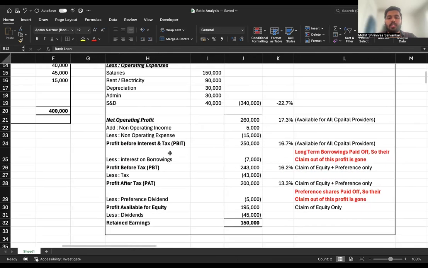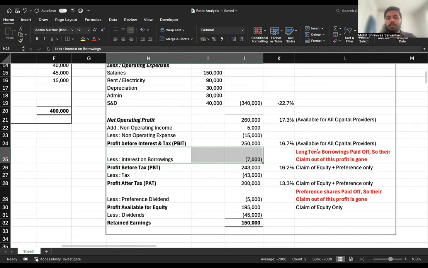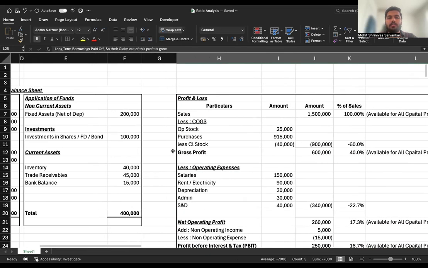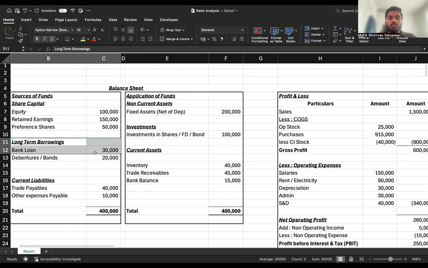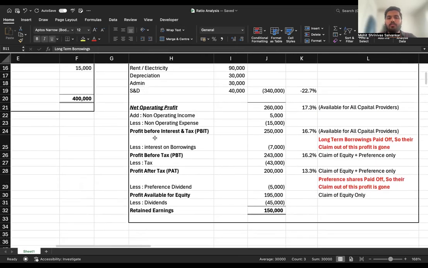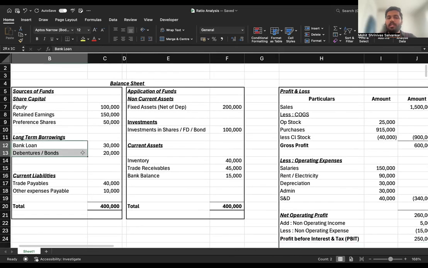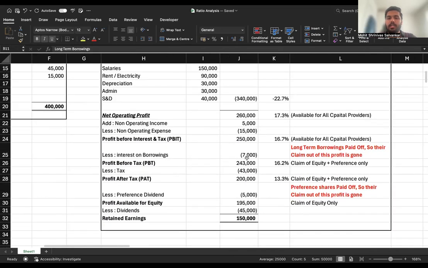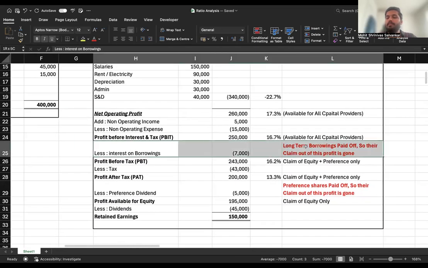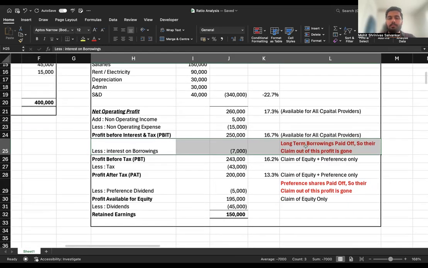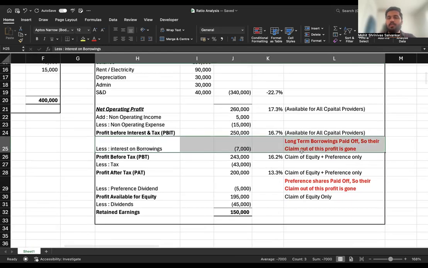So we pay interest on long-term borrowings at this stage. Once we pay, it's like we have paid their dues. Whatever amount is utilized for the remaining portion, they are not eligible to get anything out of it. So long-term borrowings are thrown out at this stage. When we pay them the interest, they are out of the picture. We don't have to take care of them after this stage, for this year at least.